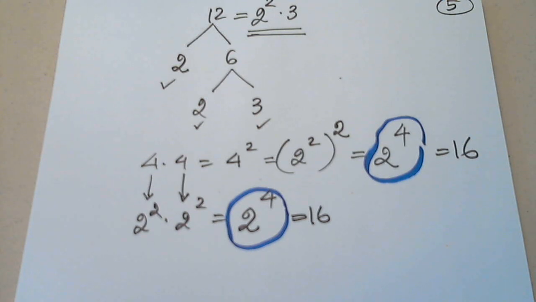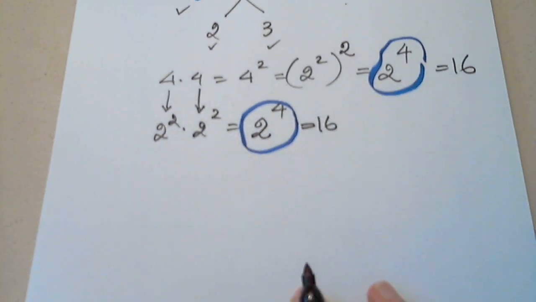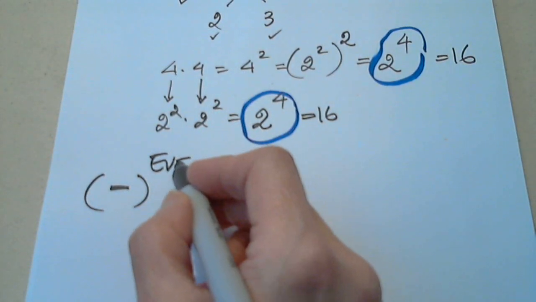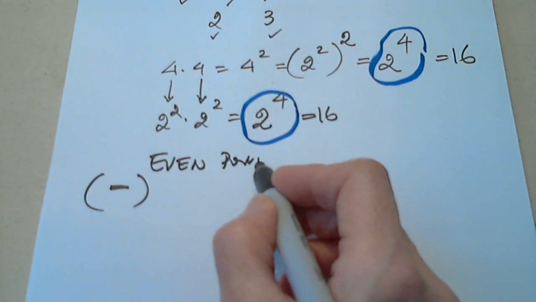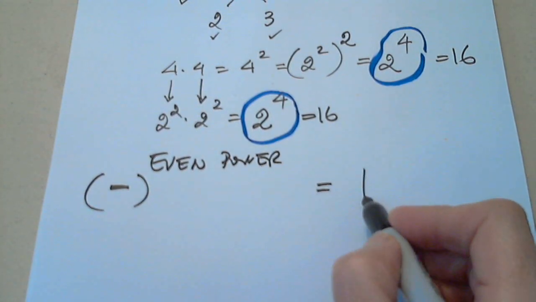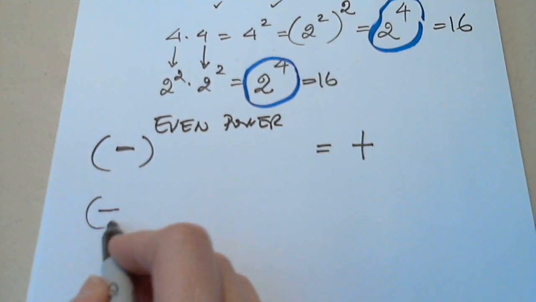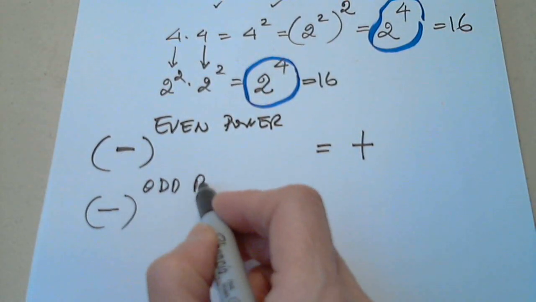Good. So what will you say about -1 to the 18th power? 1. Yes, a negative number raised to an even power. The answer will always be positive. What about a negative number raised to an odd power?